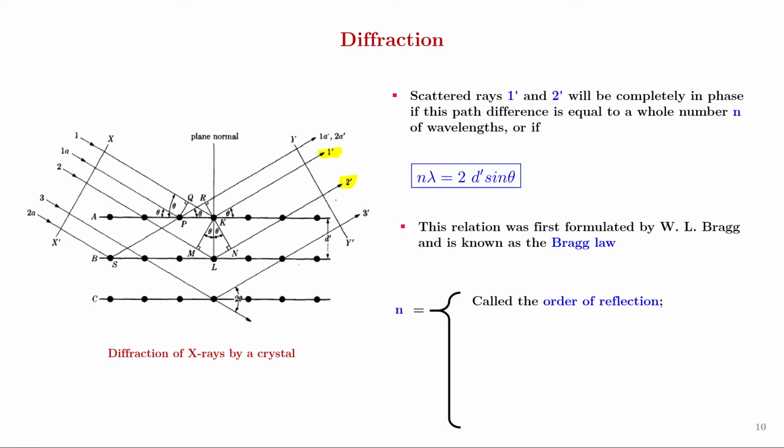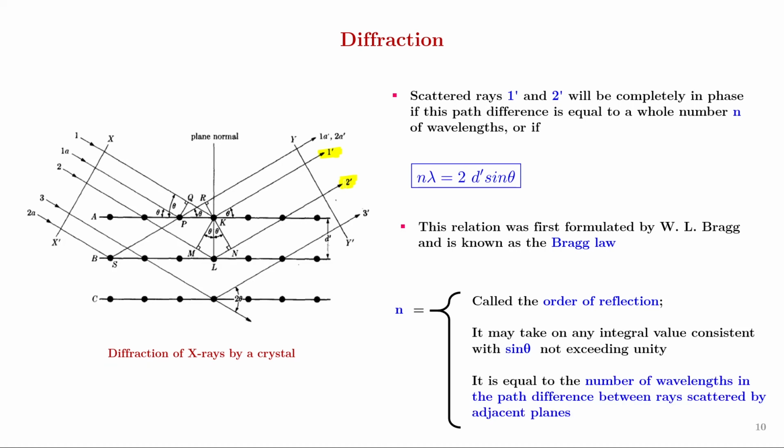Here n is called the order of reflection. It may take on any integral value consistent with sin theta not exceeding unity. It is equal to the number of wavelengths in the path difference between rays scattered by adjacent planes.